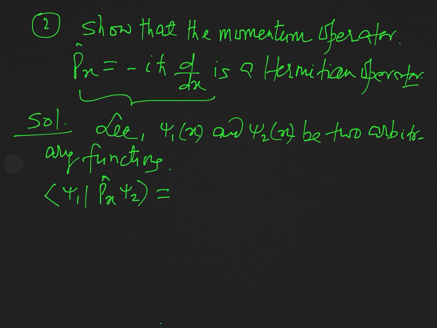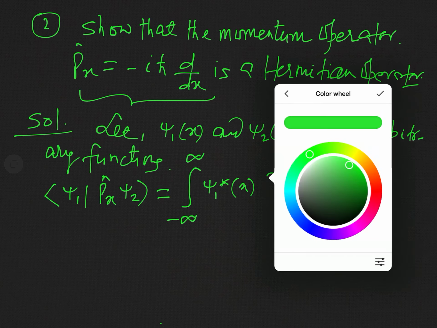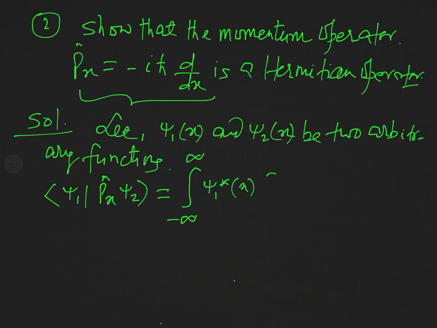We know from the definition of a scalar product that this is in integral form, integral from minus infinity to plus infinity, psi1 star of x and px hat psi2.